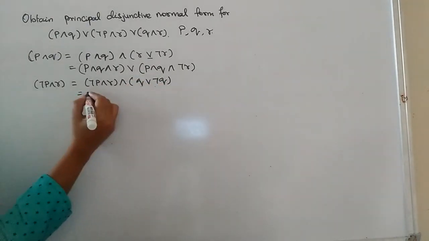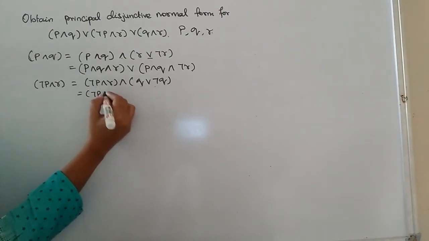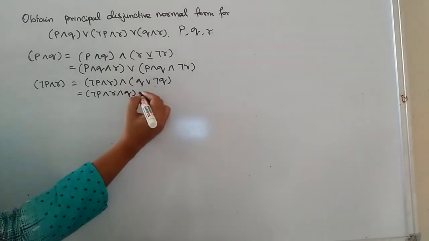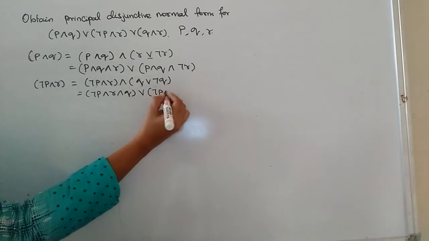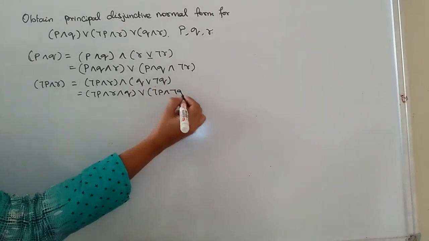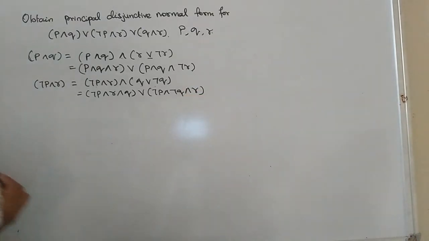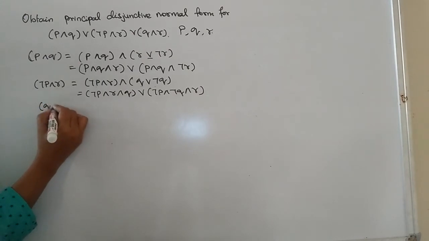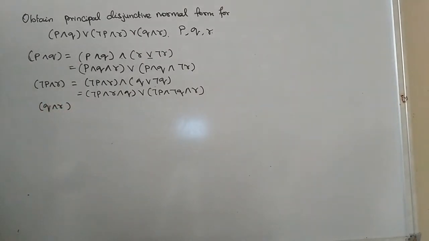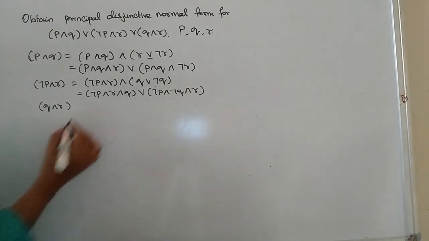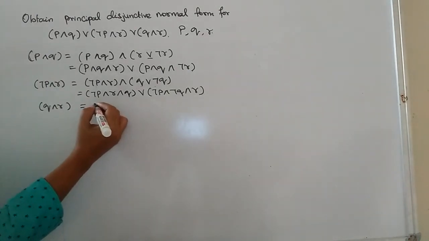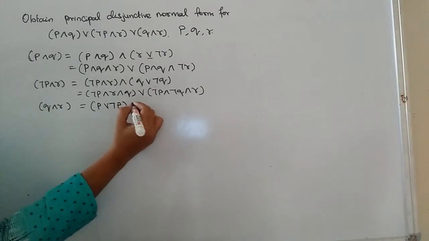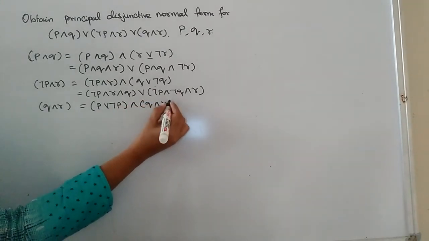So here I can write negate P and R and Q, and then negate P and negate Q and R. And for this term, the variables Q and R are present, but P is not available, hence we have to include that one.